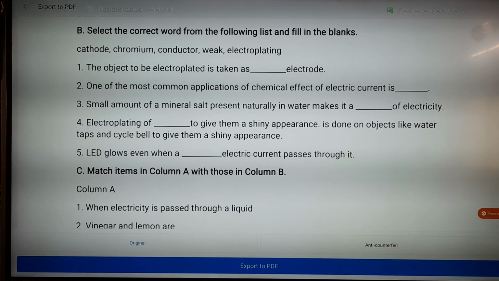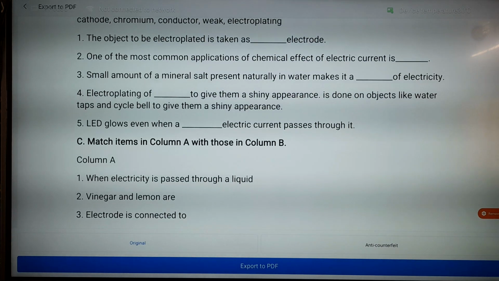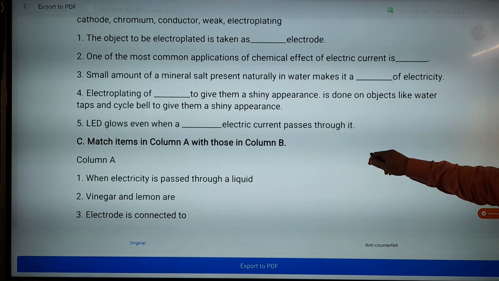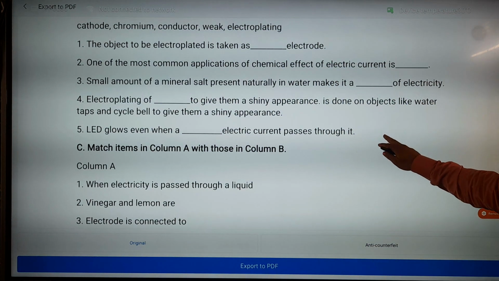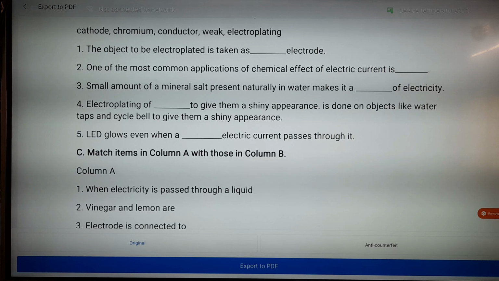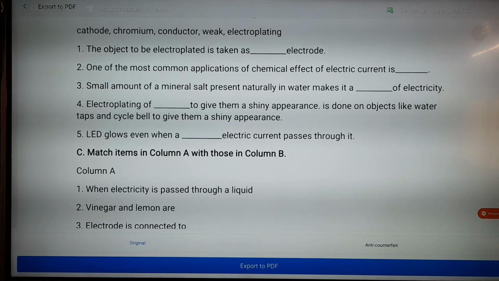Fill in the blanks. Number 2. One of the most common applications of chemical effect is electroplating. Very good. Next, number 3. A small amount of mineral salt present naturally in water makes it a conductor of electricity.